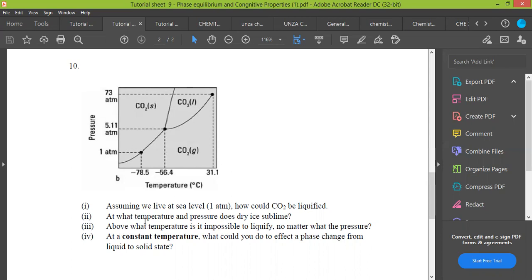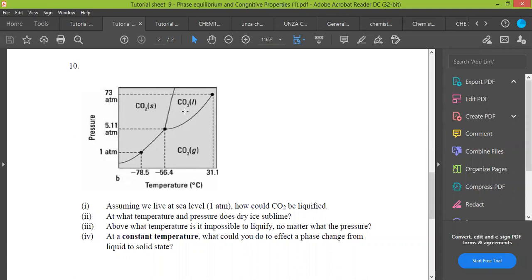If you do not change your pressure, if you keep your pressure like that, there is nothing you can do that is going to change carbon dioxide into a liquid.